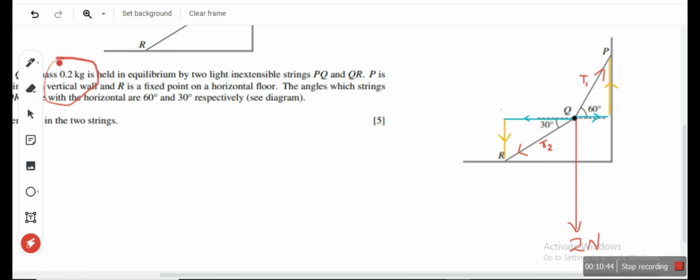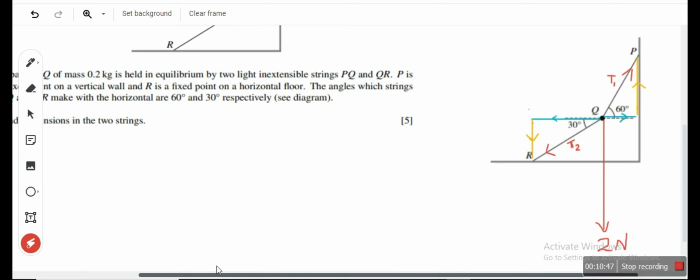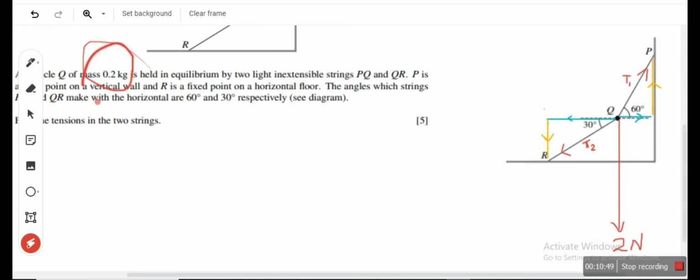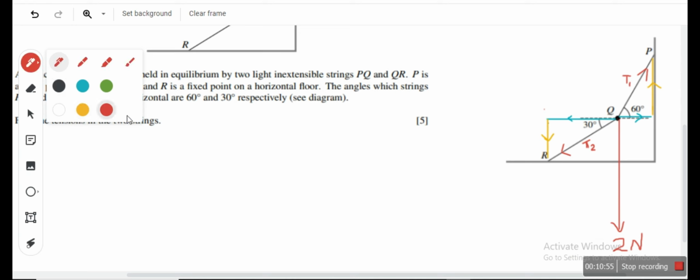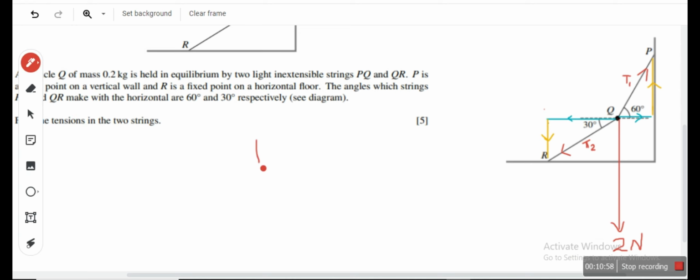By the way, this 2 Newton is obtained from the mass, which is 0.2 kilograms. All we need to do is multiply it by 10, that's g. You know, W is equal to mg, and in mechanics, we use 10 for g. Sometimes it might be required to use 9.81. The more precise value is 9.81 Newton per kilogram, but for the sake of this course, we'll be using 10 Newton per kilogram for g.